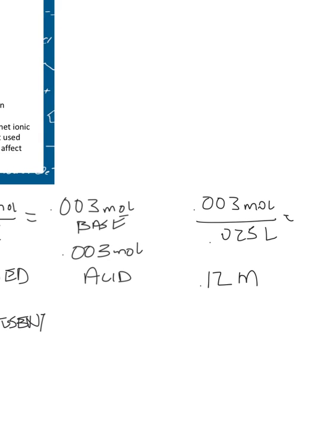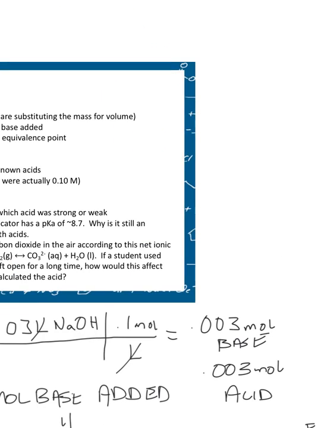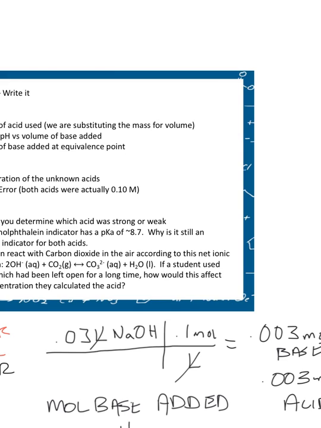The last step is the percent error, which is always your experimental value minus the accepted value over the accepted, times 100. Now in our case, both of the acids, the accepted values were 0.01 molar.